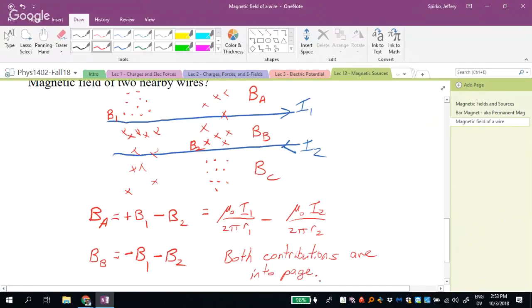So there we have a place where both contributions due to both wires are into the page, which means we'd have stronger magnetism because we have more contributions to the overall magnetism.